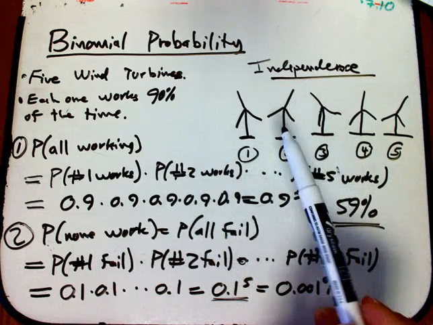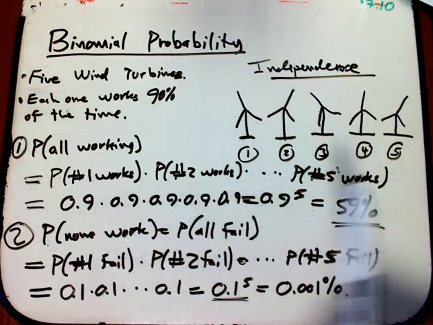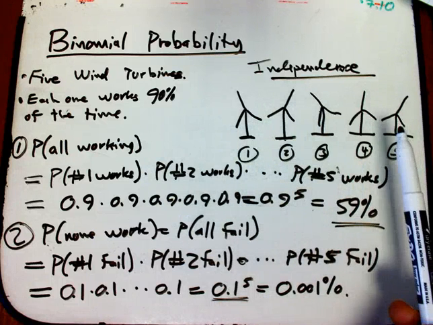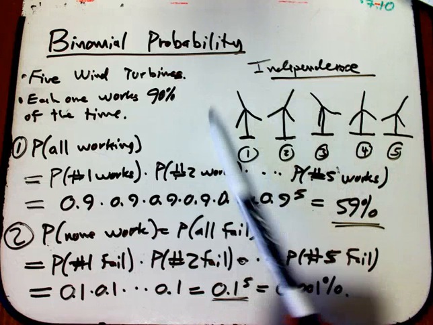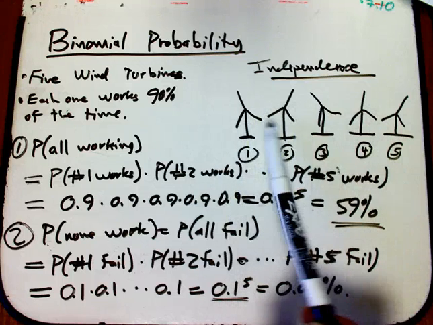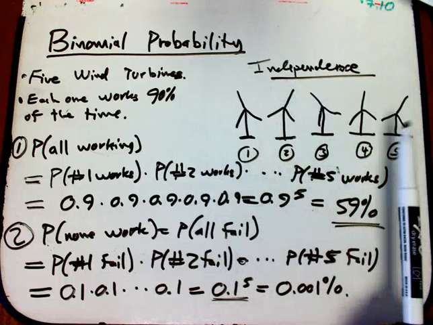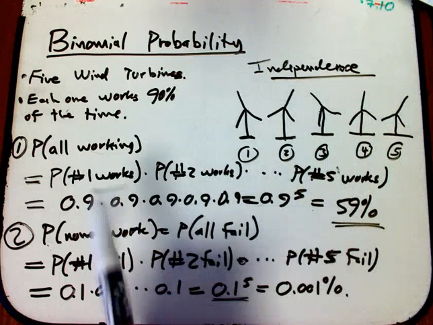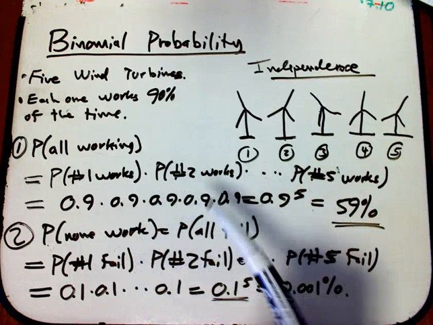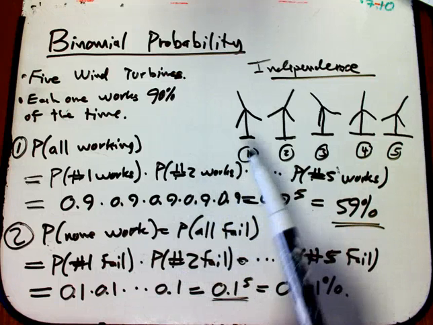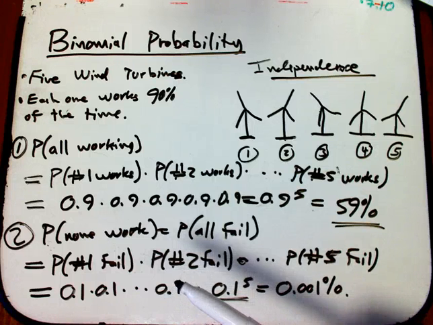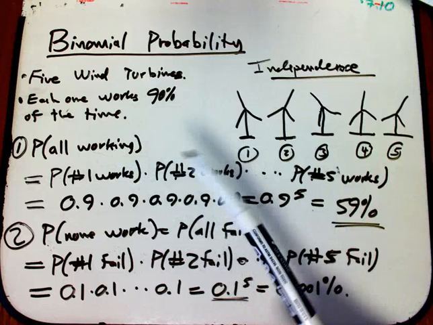In particular, if there is some ginormous windstorm that's way too big and conks all of these things out, it's going to do it to all at once. Maybe the reason is something that affected all of them. It's not necessarily that this directly affected one of the others, but maybe they have some sort of common cause for not working. So these calculations are really useful, but make an incredibly big assumption, which is independence. Let's keep running with that, but it's very important that these kinds of calculations make that big assumption, and that really might not be true in a lot of practical situations.